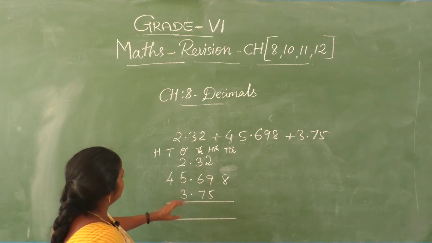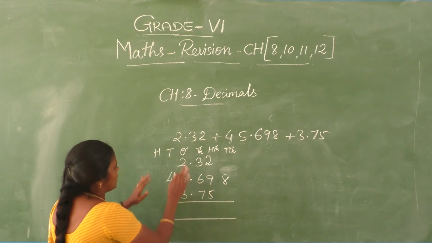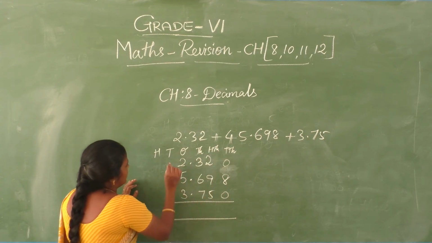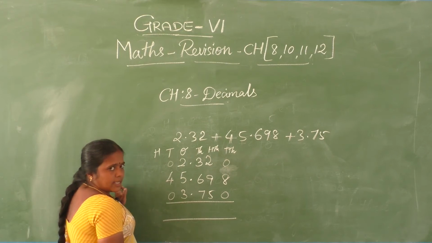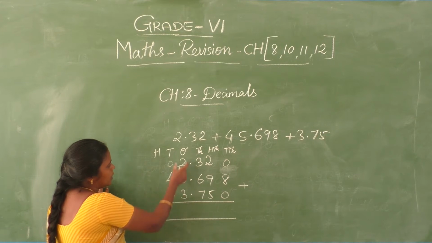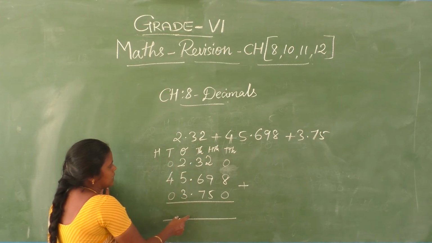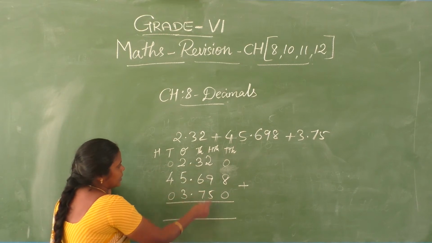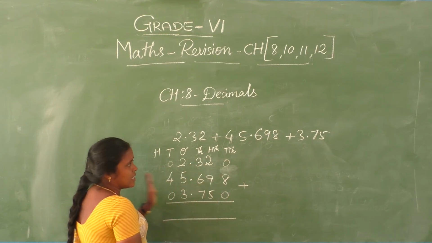Okay. Now, for filling equal places, you can put zeros in the other places. It is not necessary. Clear? Now see, in the whole number part all the numbers are in the ones place, tens, and the points are in a straight line. Tenth, hundredth, thousandth, that is all we have to watch.